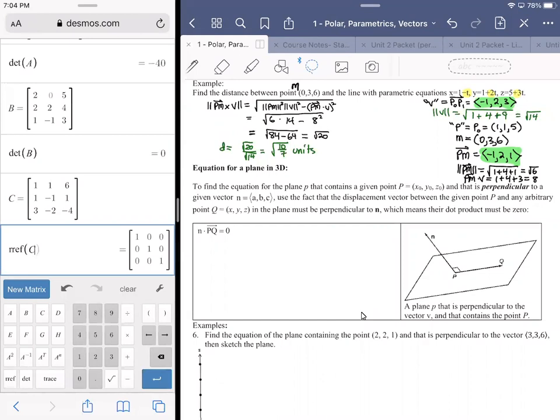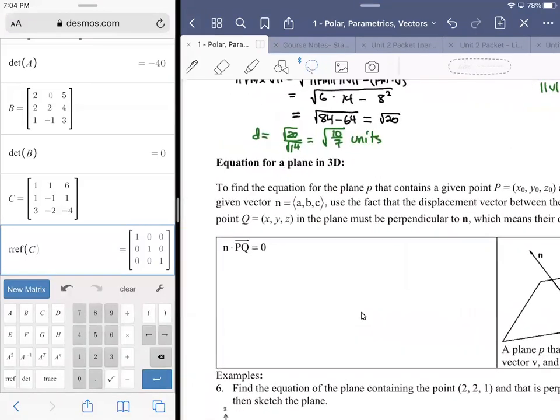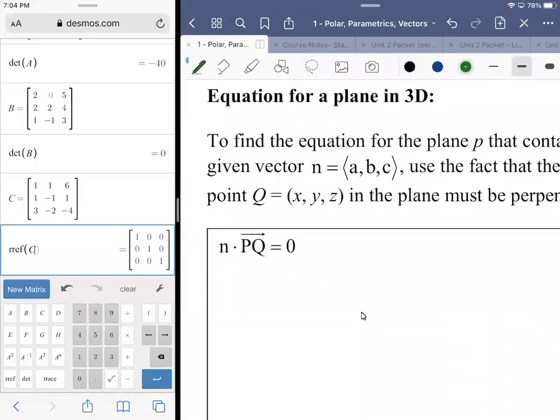Use the fact that the displacement vector between the given point P and an arbitrary point Q, now Q is x, y, z, in the plane, has to be perpendicular to N, which means their dot product must be equal to 0. All right, so let's first tackle PQ, which is the displacement between x sub o, y sub o, z sub o, and x, y, z.